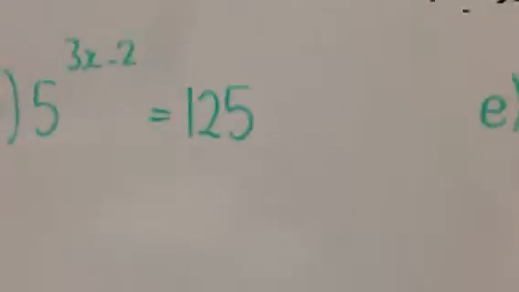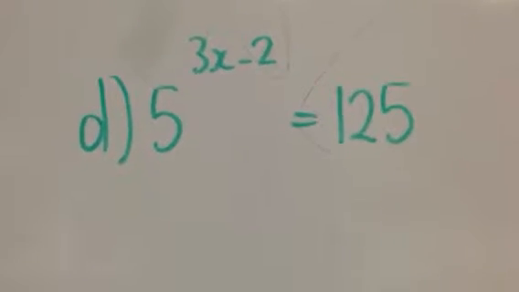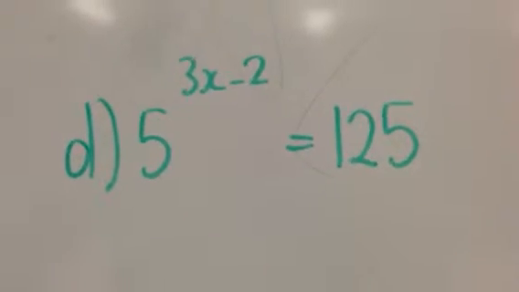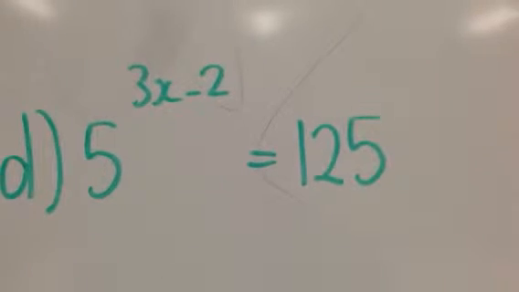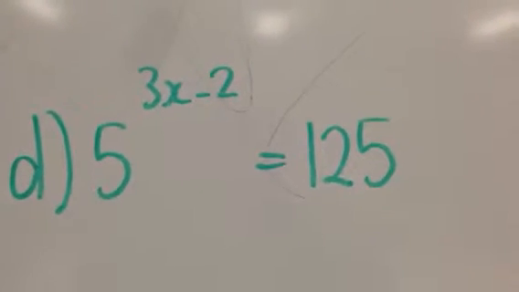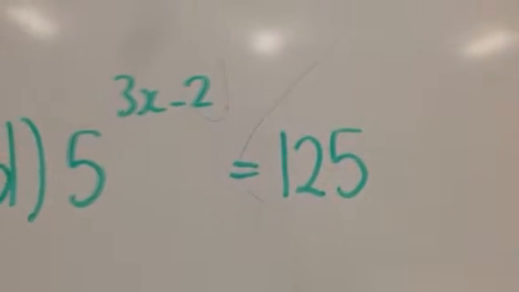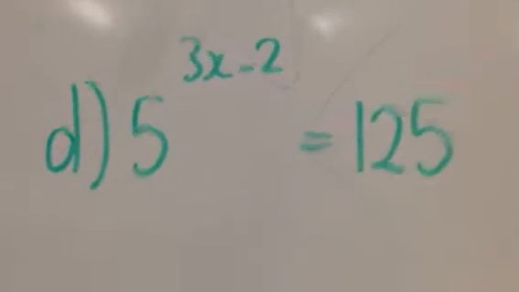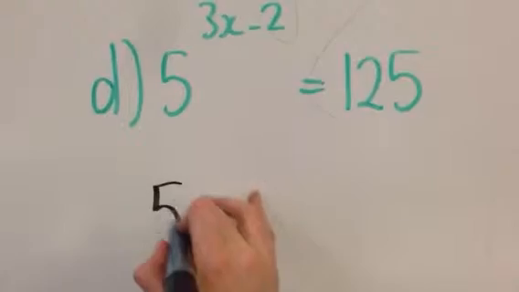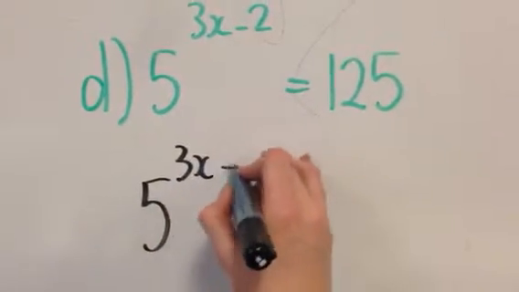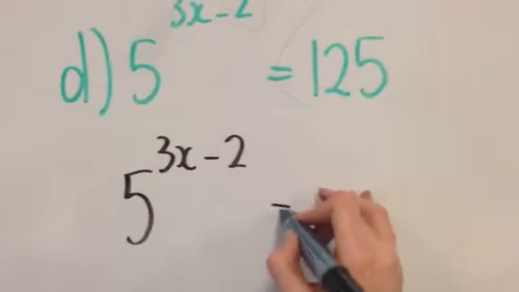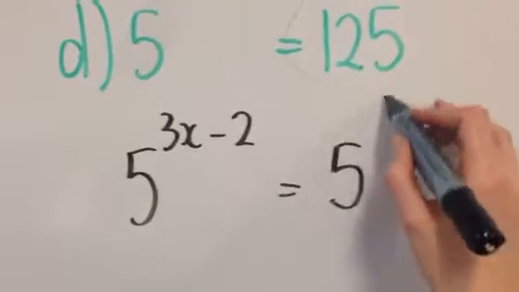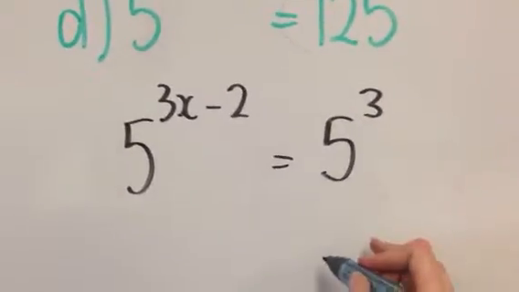Okay, let's have a look now at my next example. I've got 5 to the power of 3x minus 2, which is equal to 125. Obviously, looking at 125, I know I can get it down to a base of 5. So I rewrite this as 5 to the 3x minus 2, which is equal to 5 cubed.